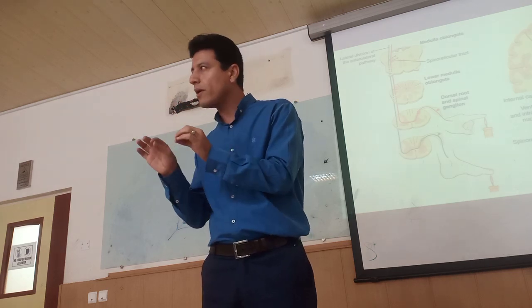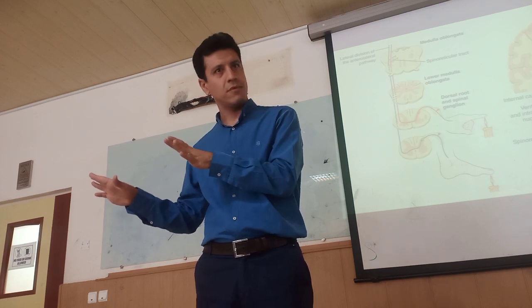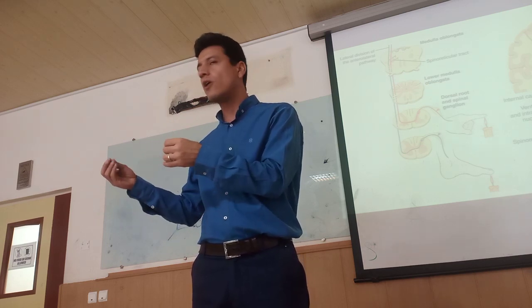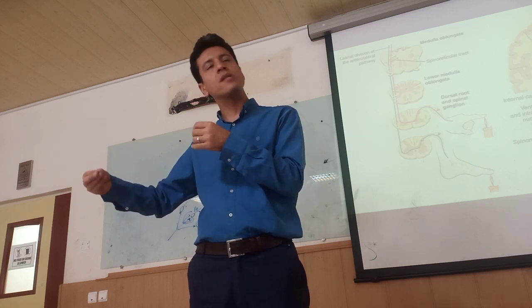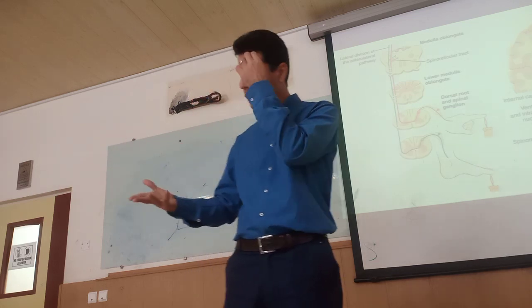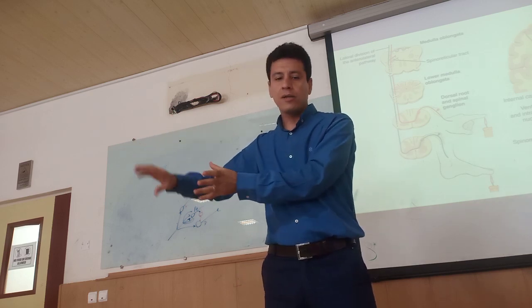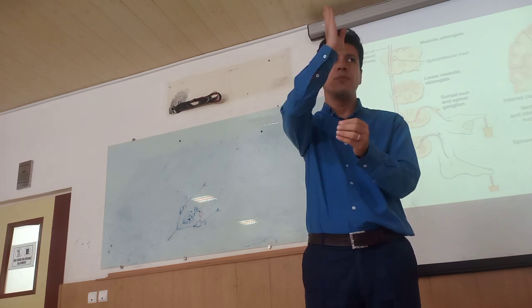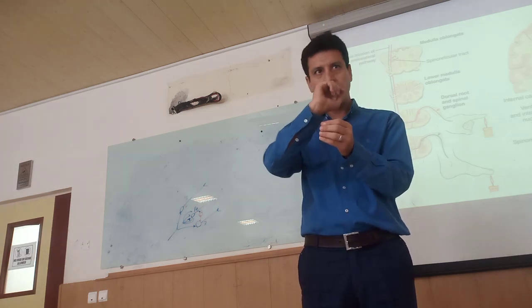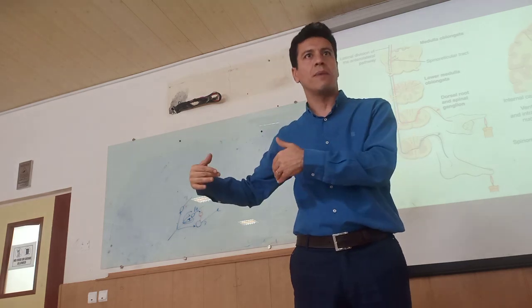And C fibers carry signals from free nerve endings, right? Free nerve endings come from some touch receptors, some pain receptors, and some temperature receptors, right? And we have seen that A beta fibers enter the spinal cord and go through the DCML system to the brain, right? And we have seen the way that the brain processes the information.